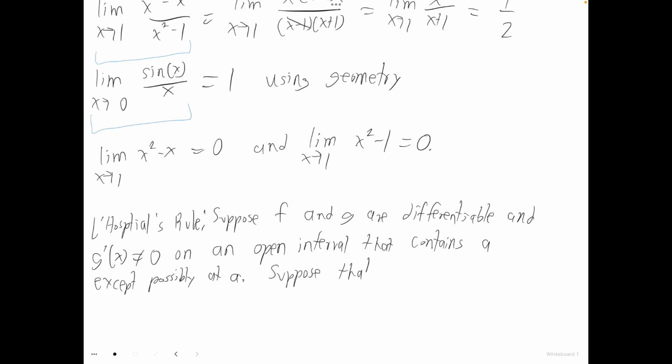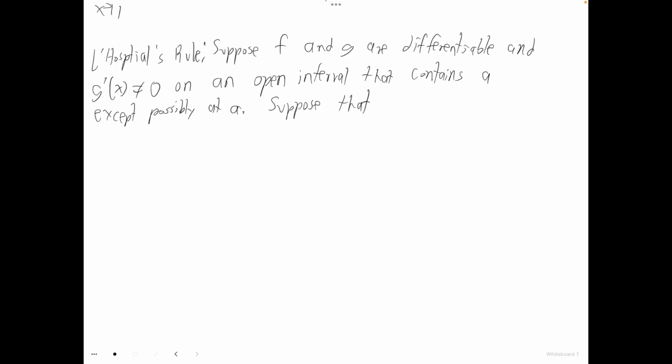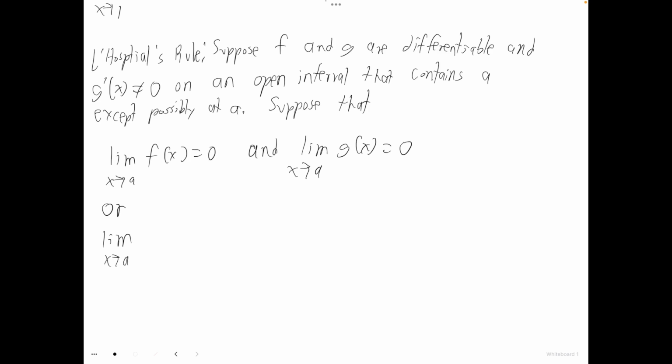Suppose that the limit as x goes to a of f of x equals 0 and the limit as x approaches a of g of x equals 0, or the limit as x approaches a of f of x equals plus or minus infinity and the limit as x goes to a of g of x equals plus or minus infinity.